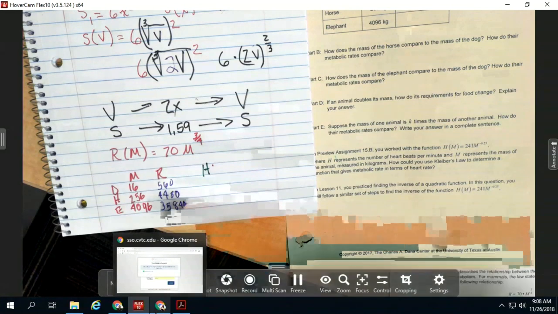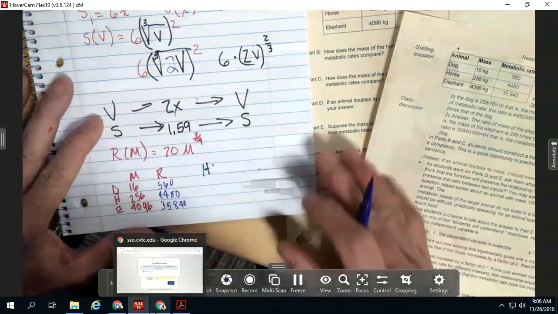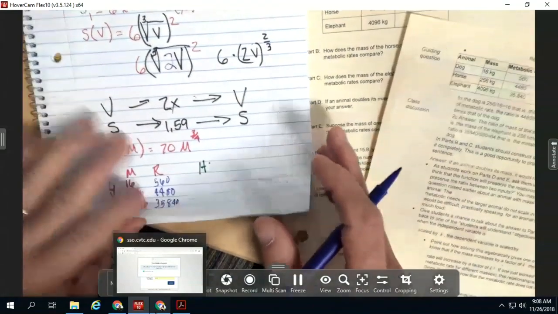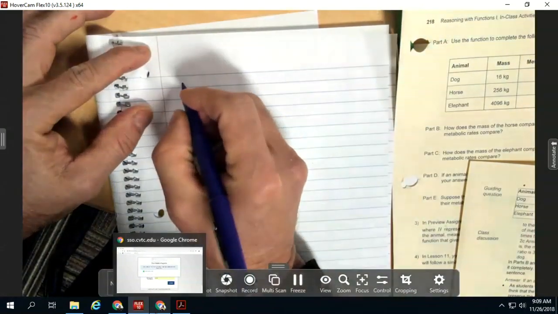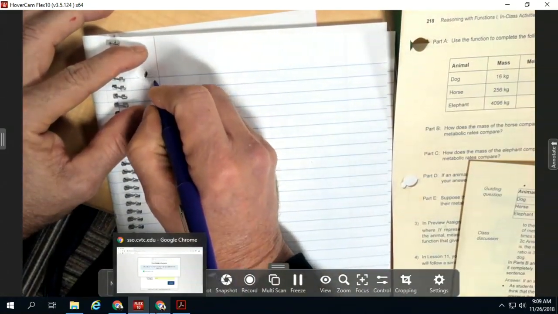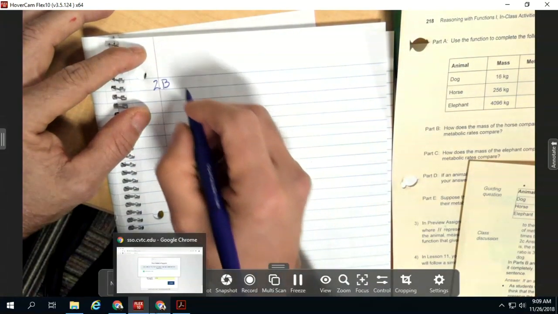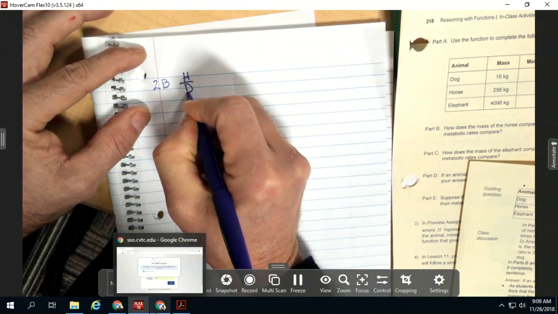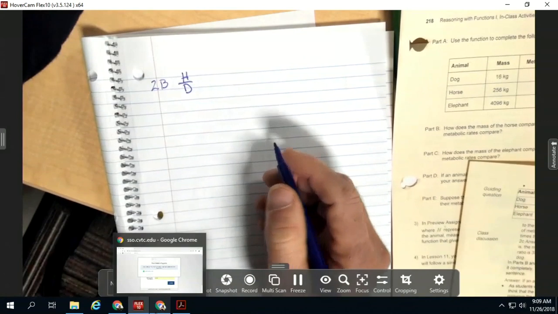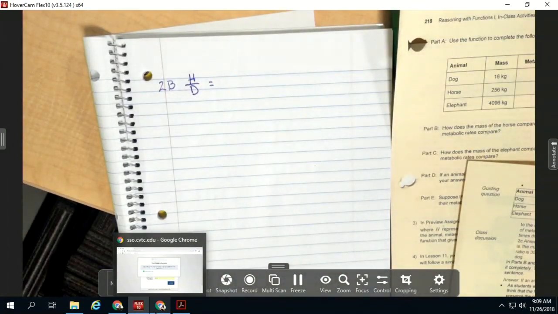Are those answers approximately what you got? Okay, question B says, we're on 2B. So, horse divided by dog, we want just the mass. Horse divided by dog.